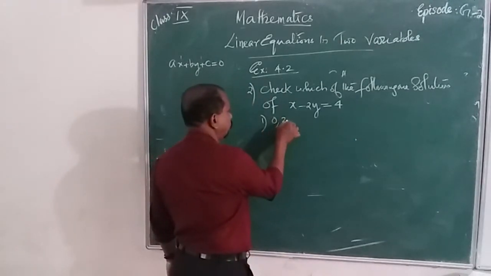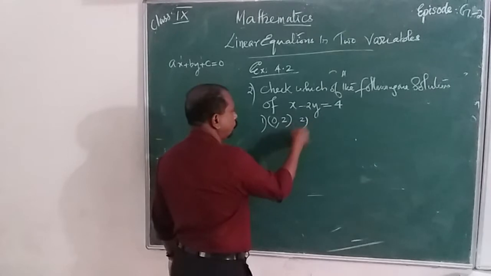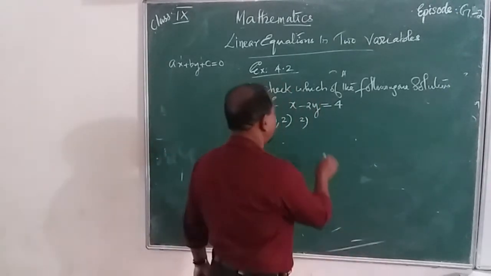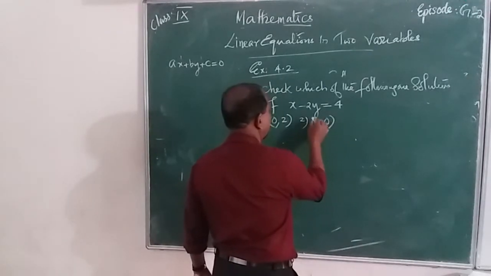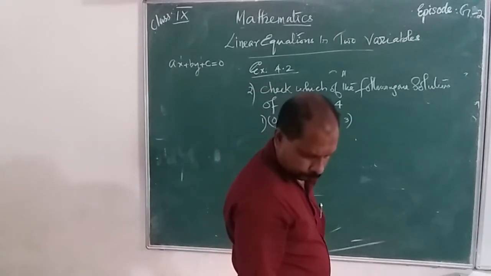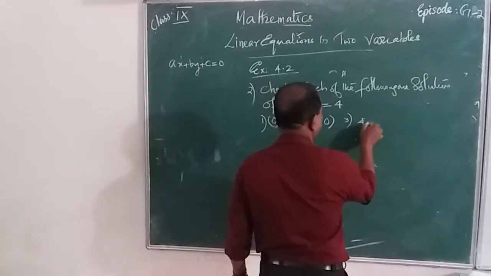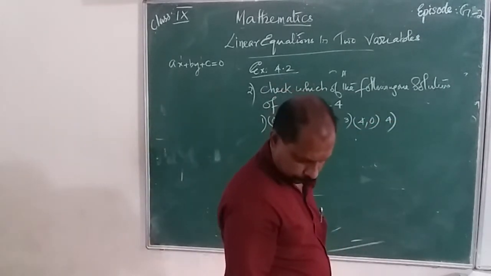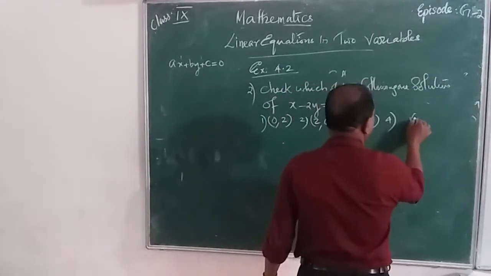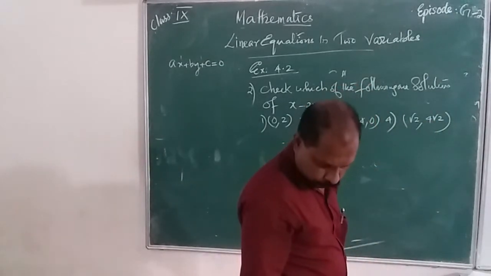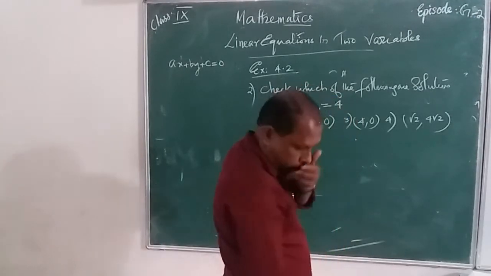The points are (0, 2), (2, 0), (4, 0), (root 2, 4 root 2), and (1, 1).